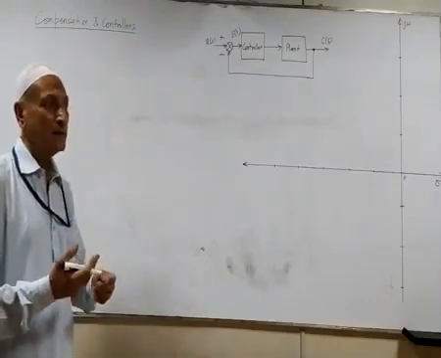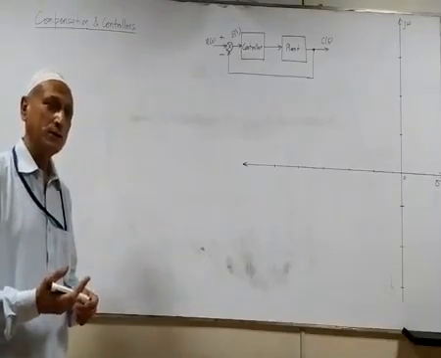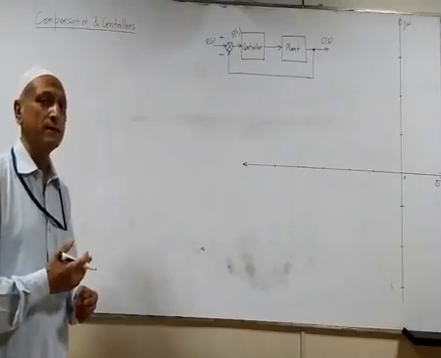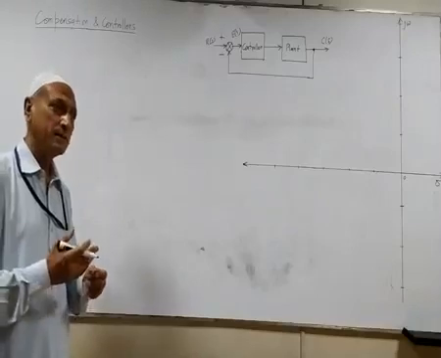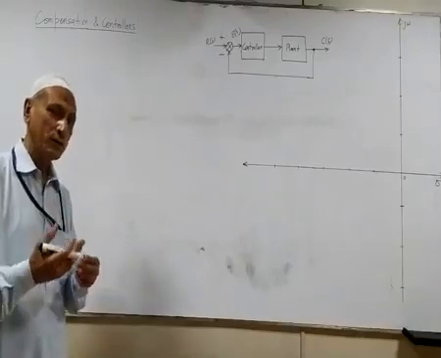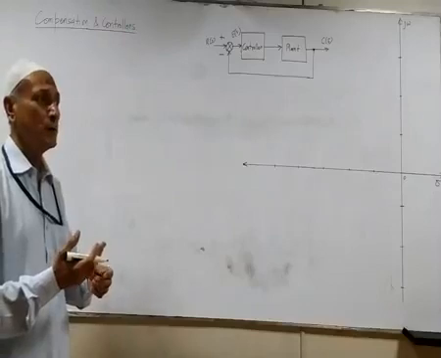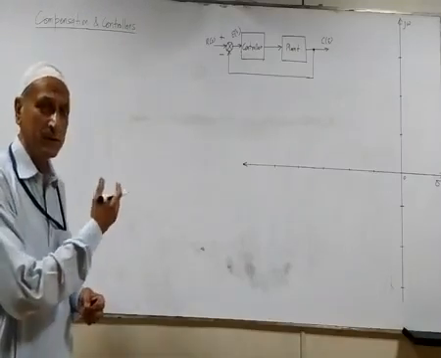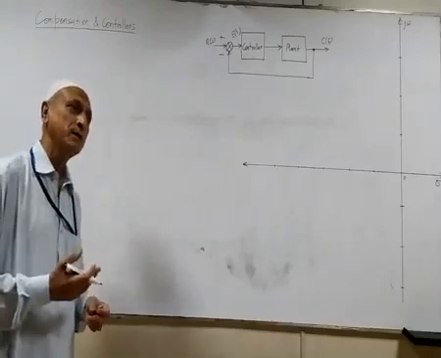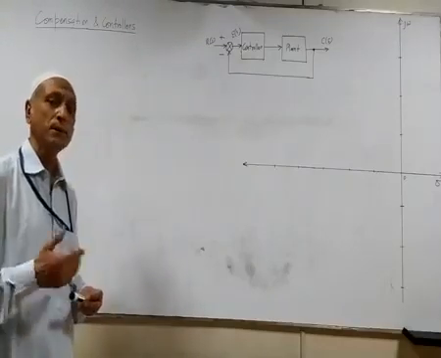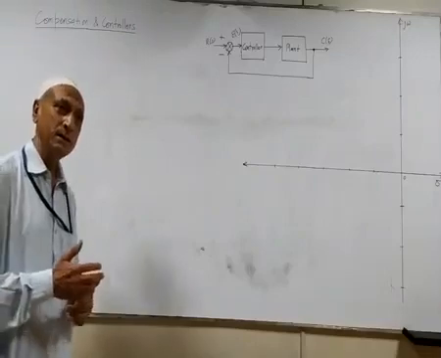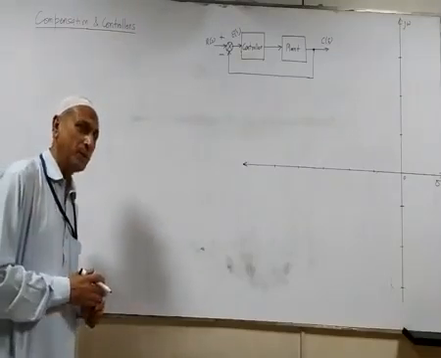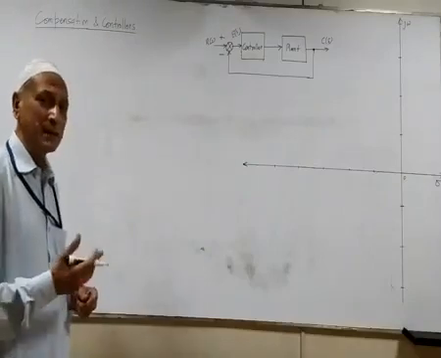By adding a simple zero located at the origin, the root locus was modified in such a way that the system was always stable, and moreover, there was a shift of the entire root locus towards the left, making the transient response much better, that is, speedy in terms of getting rid of the disturbances. Now let's take up example 3.